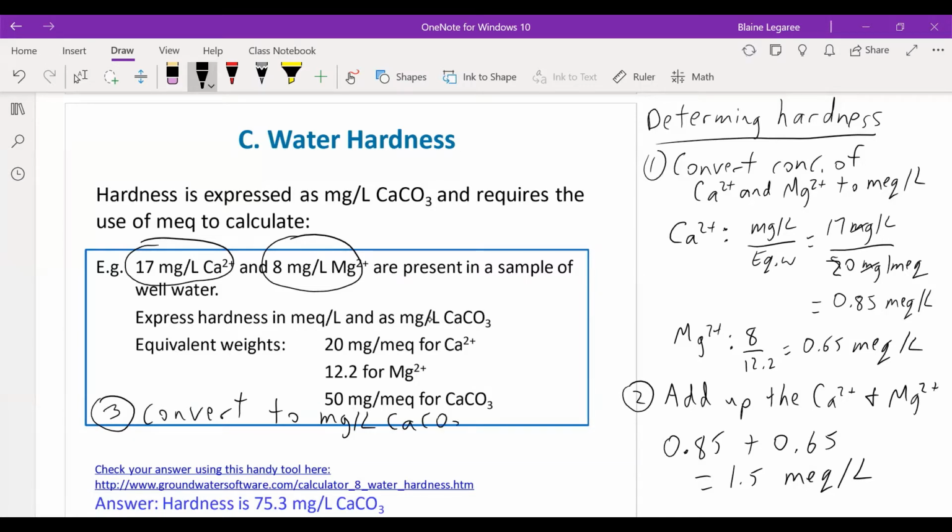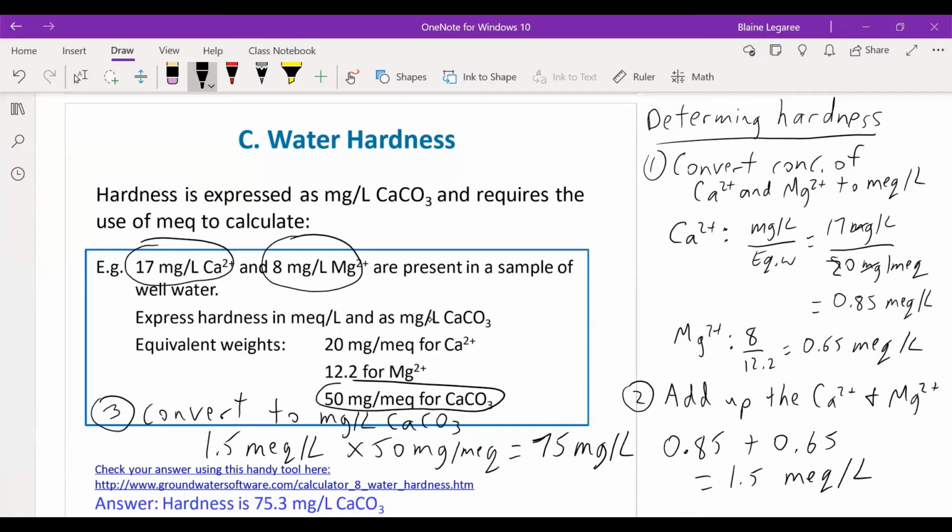So to convert that, we have 1.5 milliequivalents per liter, and we multiply that by the equivalent weight, which is right here, 50 milligrams per milliequivalent. So the answer there, 1.5 times 50, is of course 75 milligrams per liter calcium carbonate.